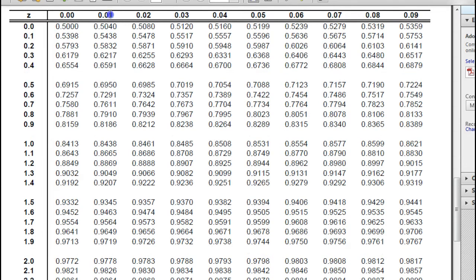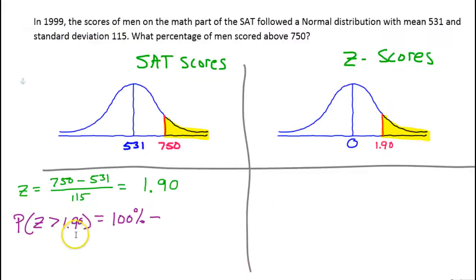If it was 1.91, we'd go to this column. 1.92, we'd be in this column. 1.93, and so on. But for 1.90, we are looking at this number right here. Translating this to a percentage, that is 97.13%. So that's what we have to subtract from 100.